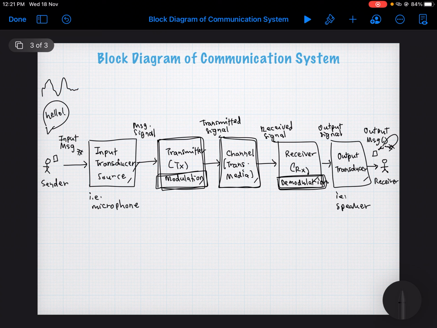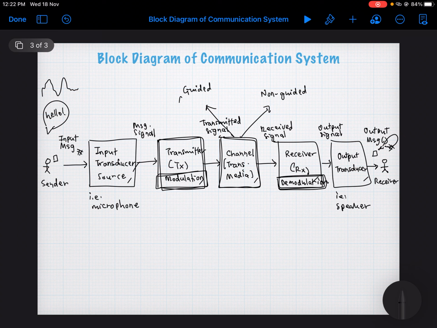Over the past few weeks or so, we have looked into the channels. Basically the channels can be divided into two, which is guided and non-guided.